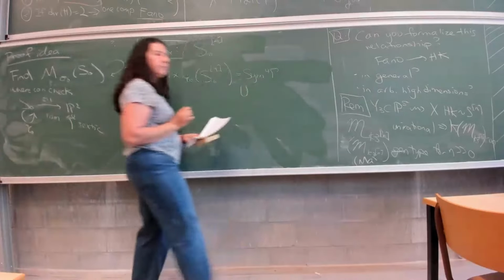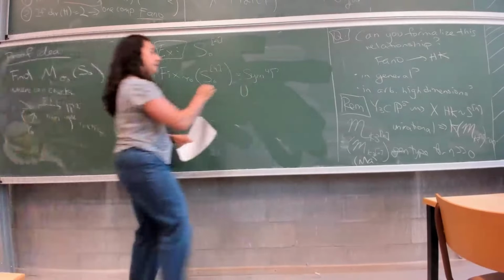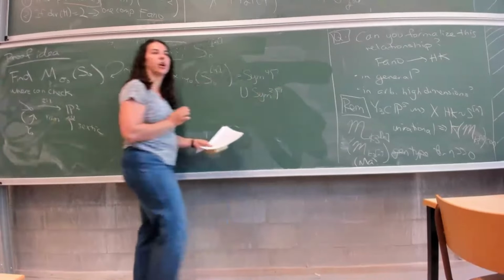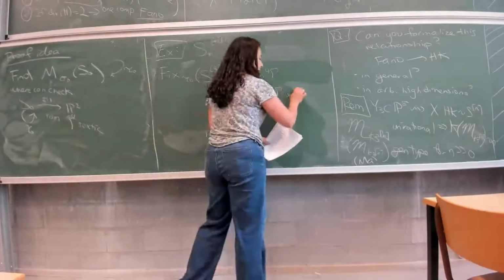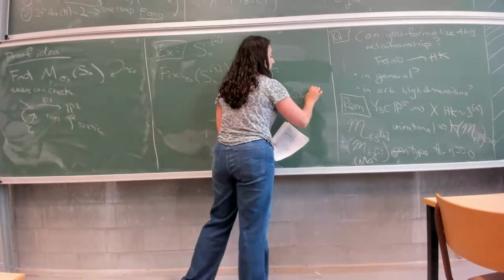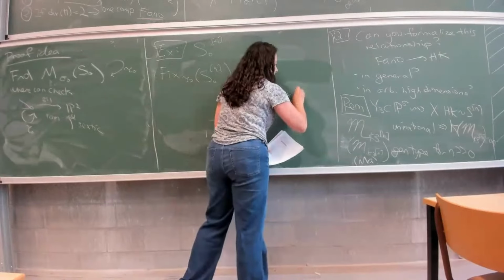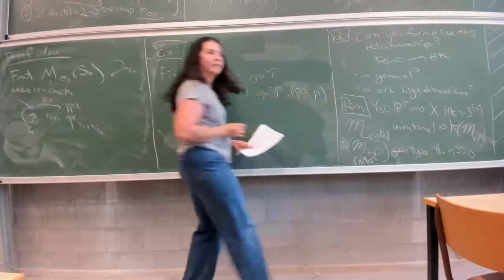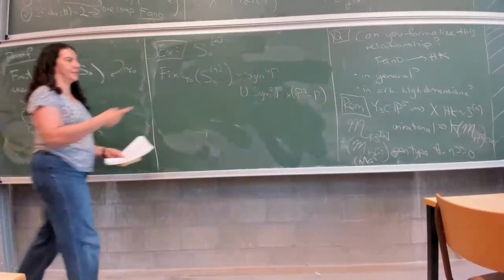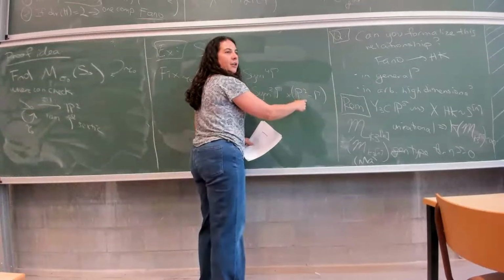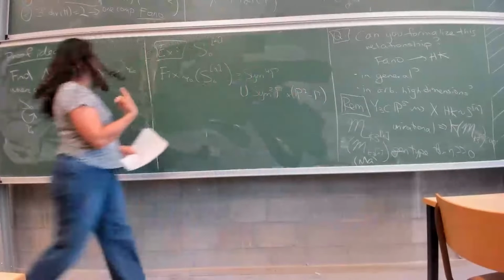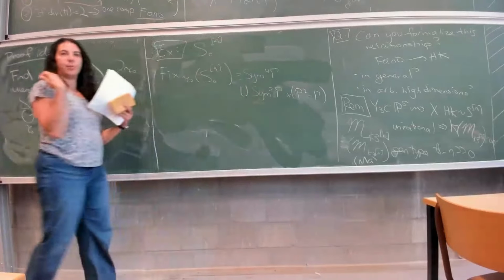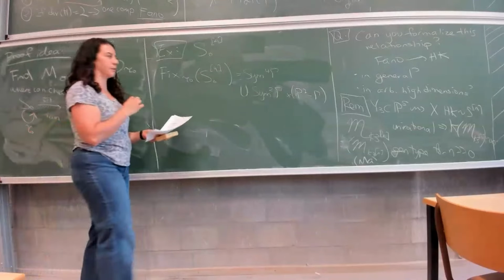Or I could pick 2 points on my ramification curve, and then 1 point on P2 minus that curve. Because this point, not on the curve, pulls back to 2 points under this double cover, and the 2 points on my curve give me 2 points, so I get a total of 4 points on my K3 surface.